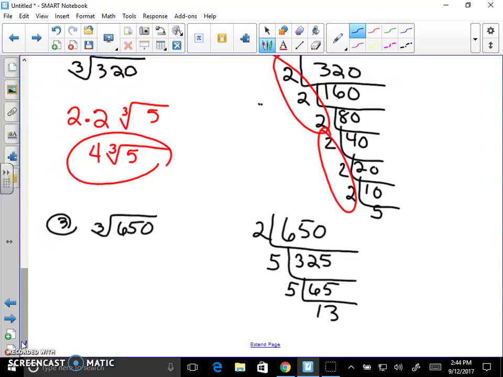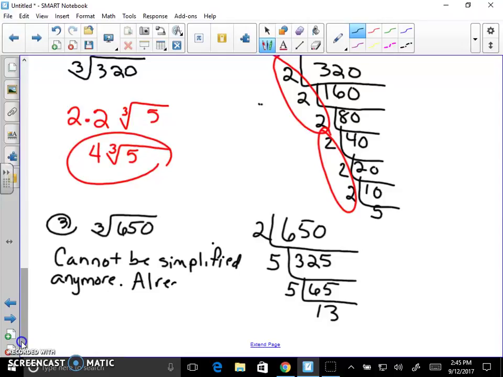Remember, we're doing cube roots, so we're supposed to look for 3 of the same factor. Well, there isn't any. So this one cannot be simplified anymore. Already in simplest form.